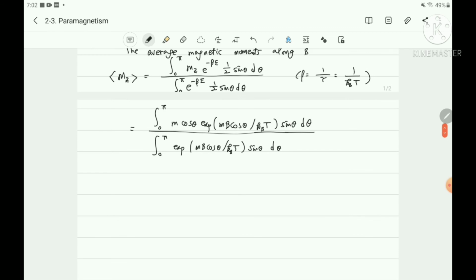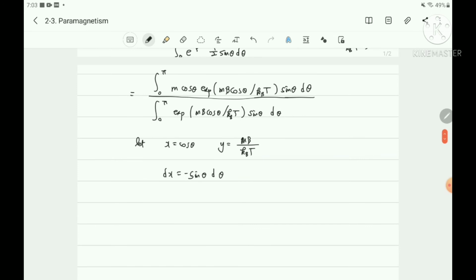In order to calculate this integral, let cosine theta be x and let y be m B over k_B T. Then dx is minus sine theta d theta. Let's think about the numerator.